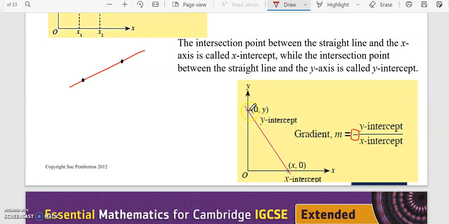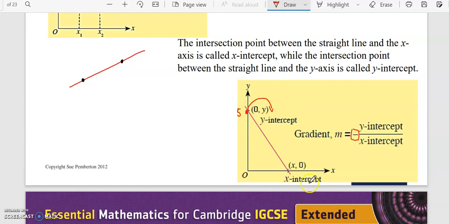Y-intercept is the intersection point between the straight line and the y-axis. Okay, so bila ada satu point that lies on y-axis and then that line intersects that point, the value of the y coordinate here is actually equal to the y-intercept. Let's say we have 5 here, so the value for y-intercept for this line is equal to 5.